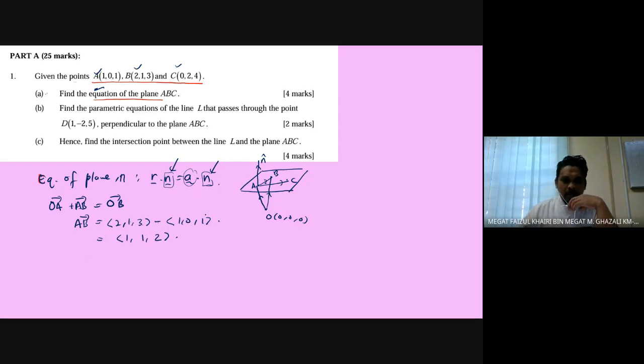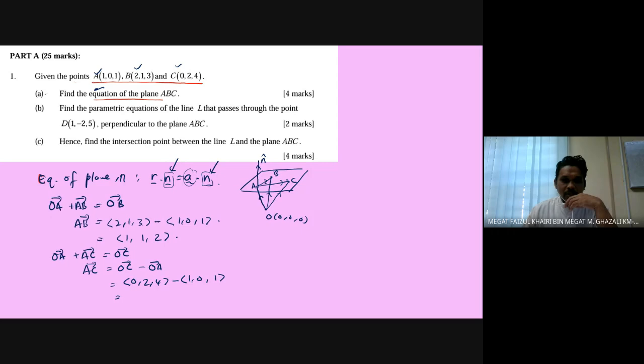Also, we recall the vectors from O to A to C equals OC, OA plus AC equals OC. So vector AC equals OC minus OA. What is the coordinate of C? 0, 2, 4, minus OA, 1, 0, 1.